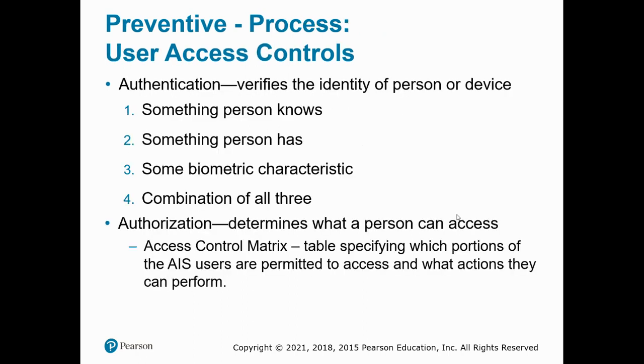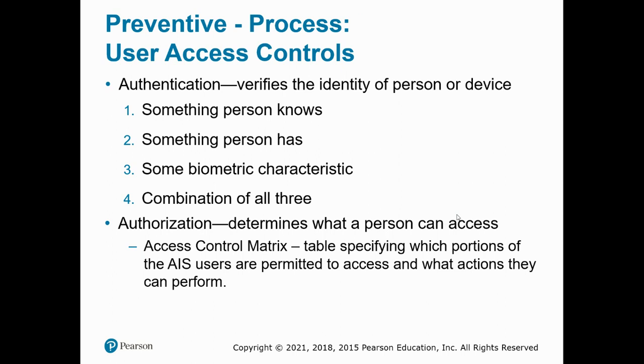Now let's talk about user access controls, authentication, and authorization. What is the difference? Authentication verifies the identity of a person or device that is attempting to access the AIS. So a lot of times, if we're talking about a person, this person will know something like a PIN or password.